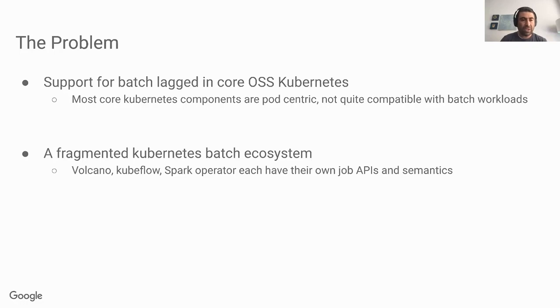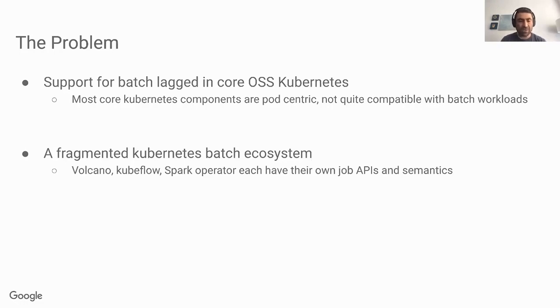The other problem we're trying to address is that we have a fragmented Kubernetes batch ecosystem. Now, to solve the problems that I mentioned, others have created custom controllers and custom job APIs to fix these gaps. And that led to a fragmented batch ecosystem.